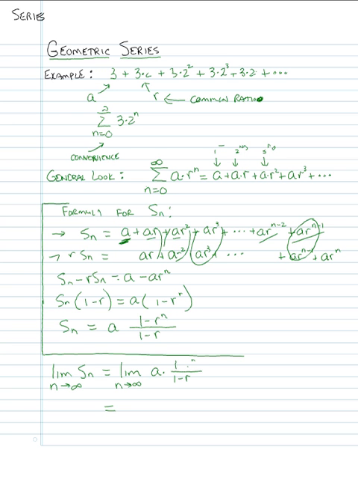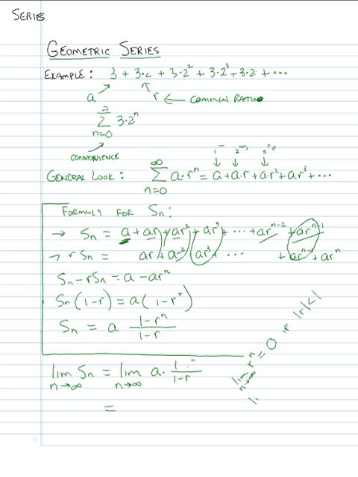And we saw earlier in the semester that the limit of R to the N power as N goes to infinity is equal to 0 if the absolute value of R is less than 1.